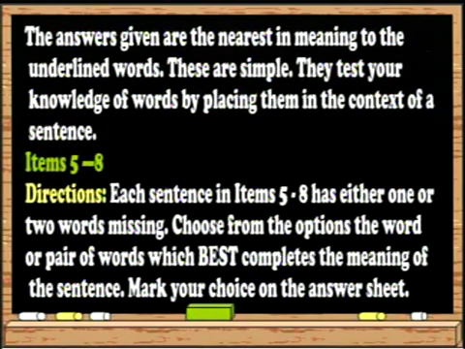Now let us look at items 5 to 8. Each sentence in items 5 to 8 has either one or two words missing. Choose from the options the word or pair of words which best completes the meaning of the sentence.